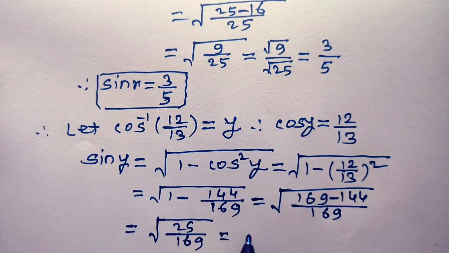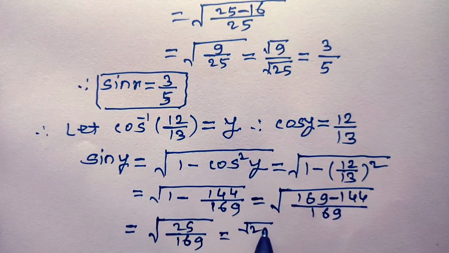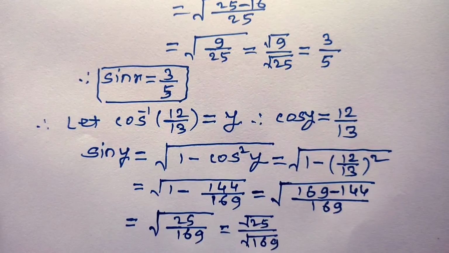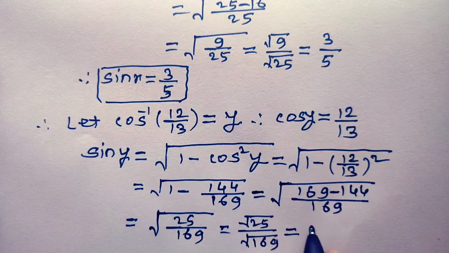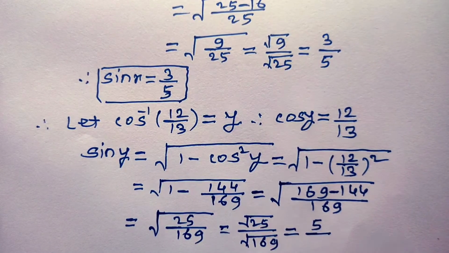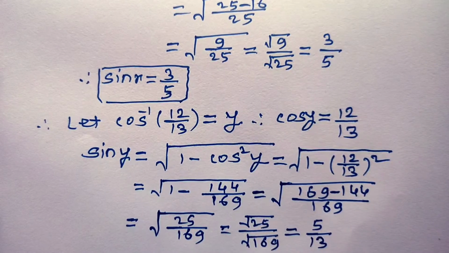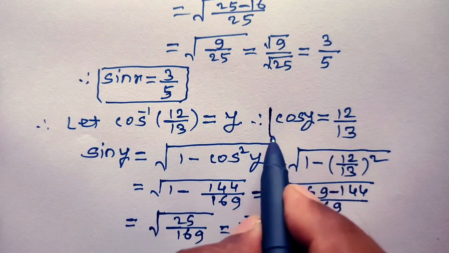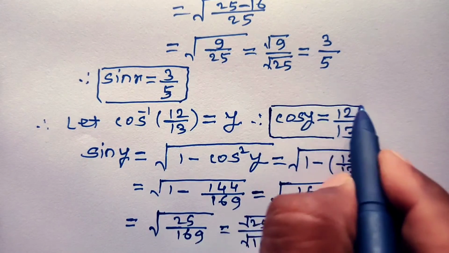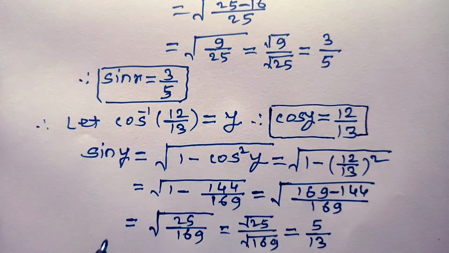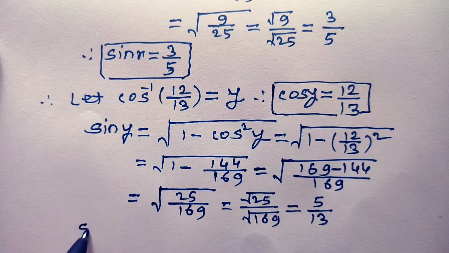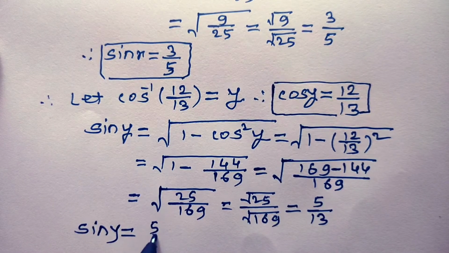This is equal to square root of 25 divided by square root of 169. This is equal to square root of 25 is 5 and square root of 169 is 13. Hence, cos y is equal to 12/13 and sin y is equal to 5/13.